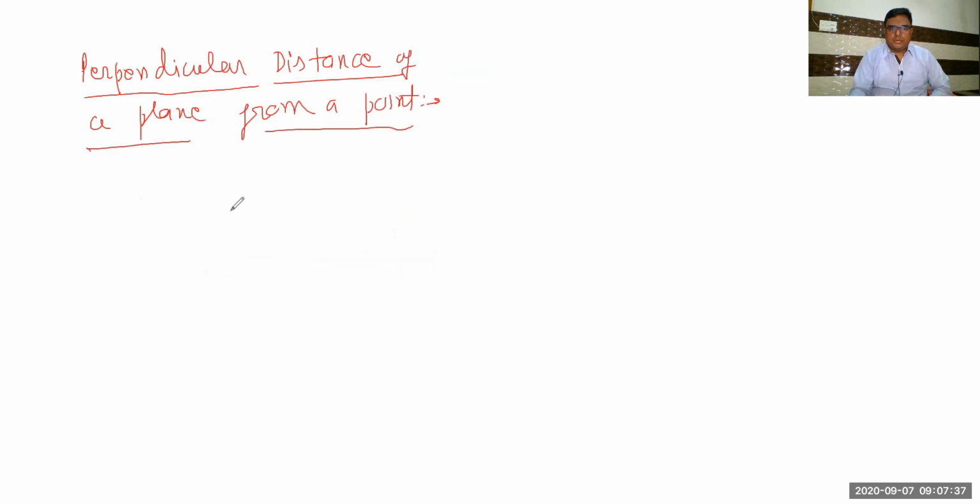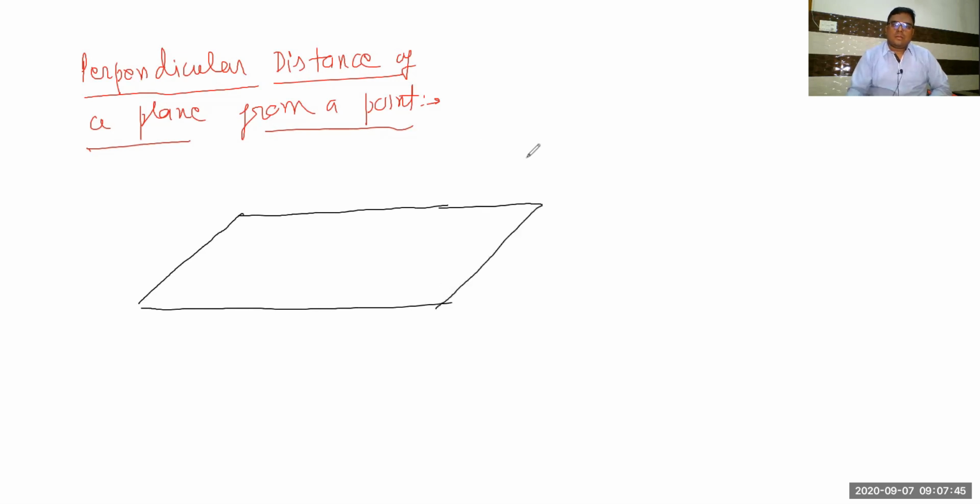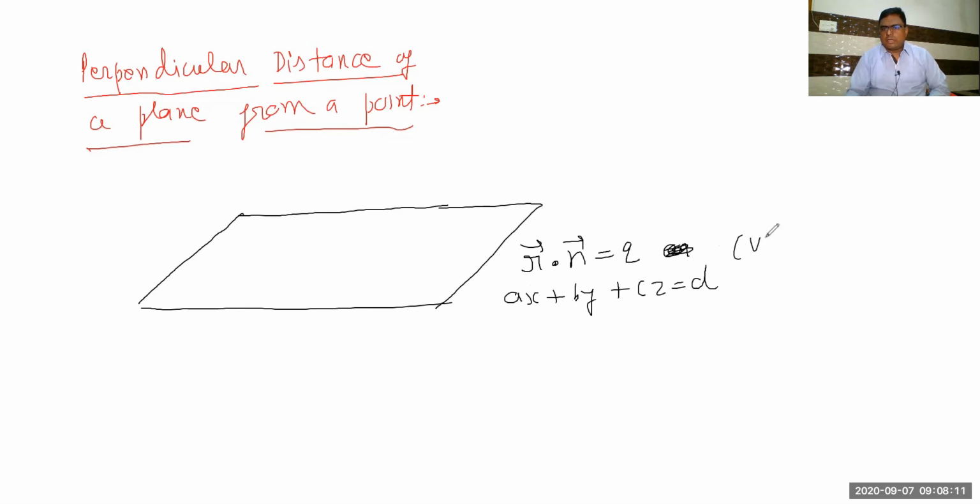Suppose we have a plane whose equation is r vector dot n vector is equal to q, in vector form. And if I take Cartesian form, then I can say ax plus by plus cz equal to d. This is the vector equation and this is the Cartesian equation.